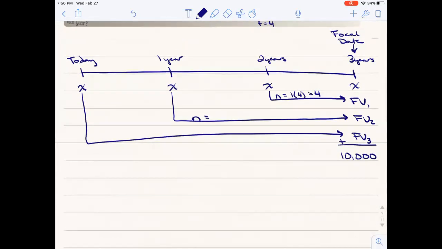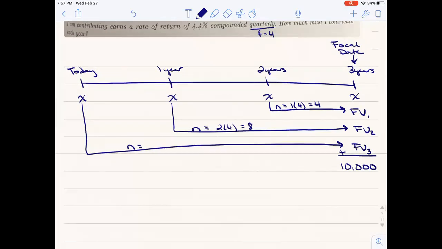Moving on to the next one. Between 1 year and 3 years, that's 2 years, so you've got to keep those straight. 2 times 4 is 8. And finally, n is between today and 3 years. You have 3 years times 4, which is 12 compoundings.